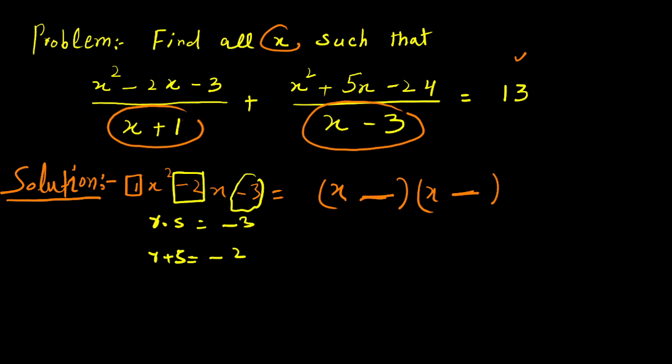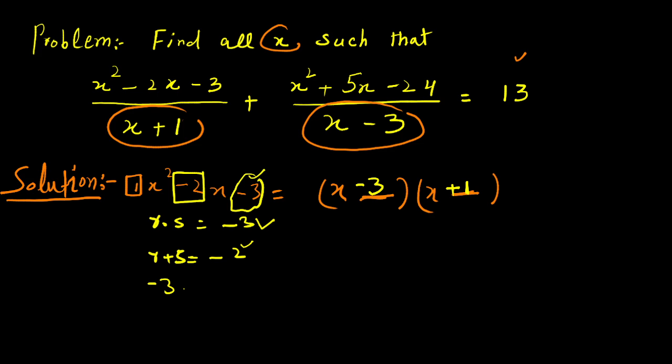Factorizing the constant minus 3, the product is negative, so the two constants must have opposite signs, and the sum is minus 2, so the larger value must have the negative sign. So minus 3 and plus 1 are the two constants.